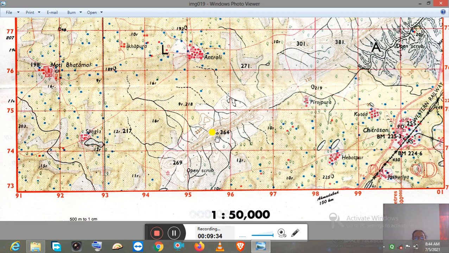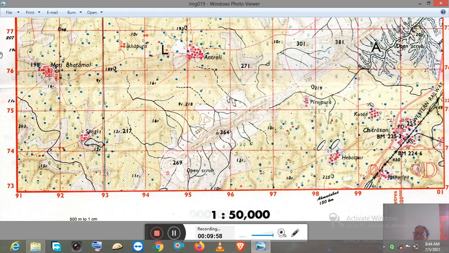So, the 4th, 5th, 6th figures will be 7-4 and this is 4. So, the 6-figure grid reference for this triangulated height is 9-5-7 and 7-4-4. So, this is the actual location of this triangulated height.